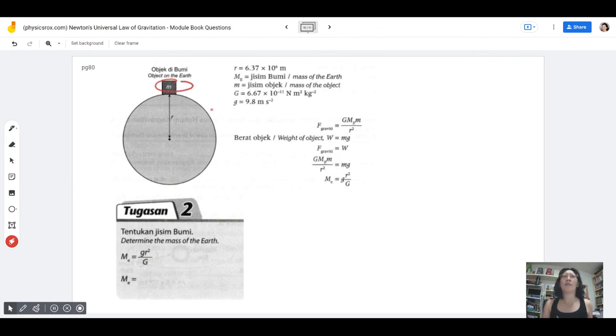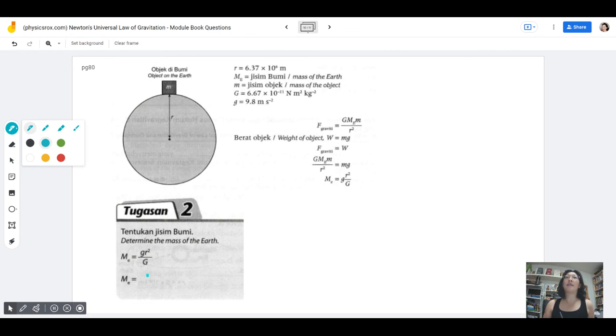Given the mass of the object, they compare the formula for the gravitational force with the weight, they work it out, and they simplify it down to this particular formula, where you can calculate the mass of the Earth by taking g r squared over G. So g is the gravitational acceleration, R is the radius of the Earth, and G, of course, is the gravitational constant. So here is just again a matter of substitution.